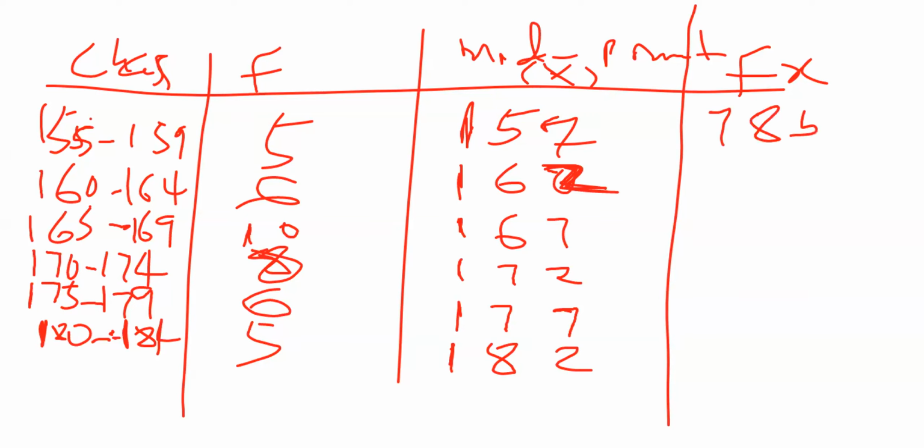The next, 162 times 6, is 972. 167 times 10 is 1670. Next, 172 times 8 is 1376.